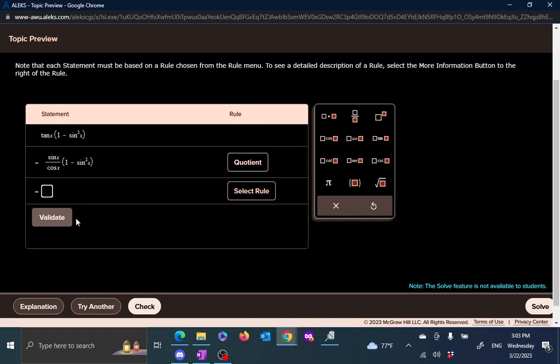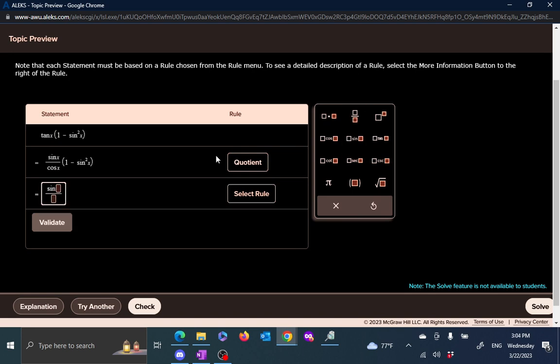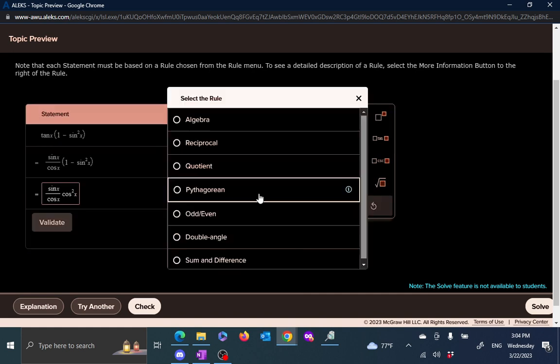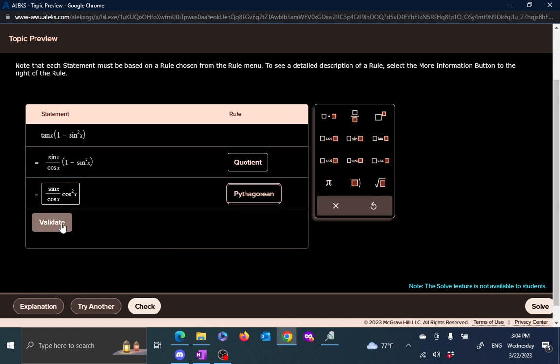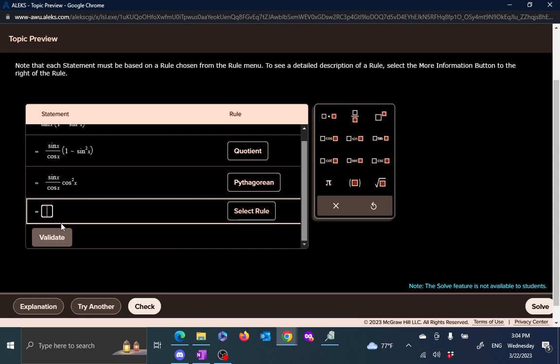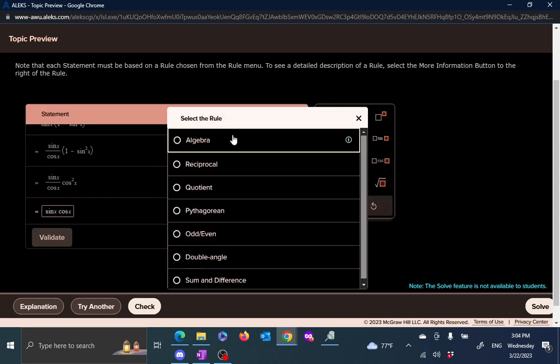So now we have sine of x over cosine of x, and then that is going to be cosine square of x, and that is going to be our Pythagorean identity. So is that right? That's right. Now we simplify cosines, so we'll have sine of x cosine of x, and that only requires algebra. So we do that.